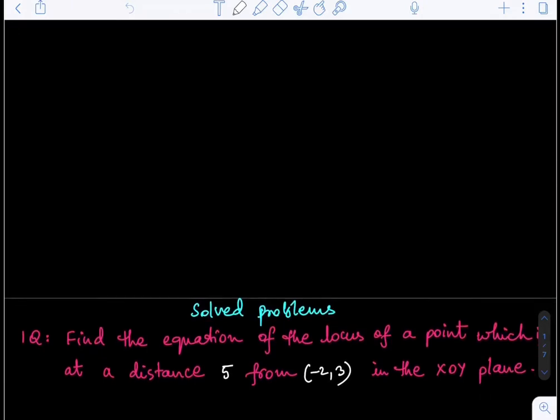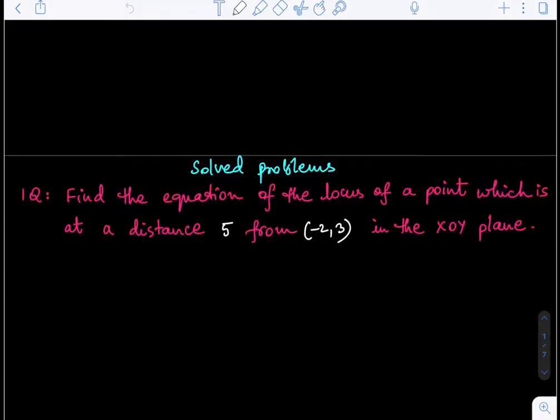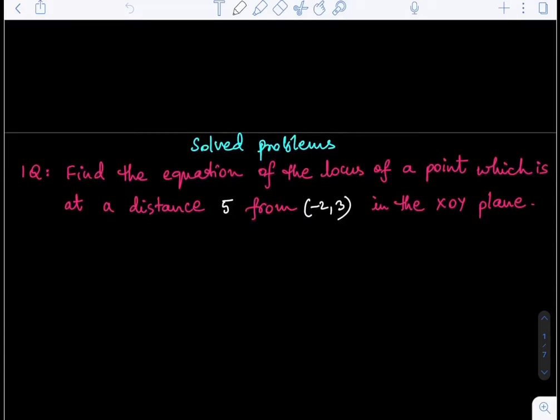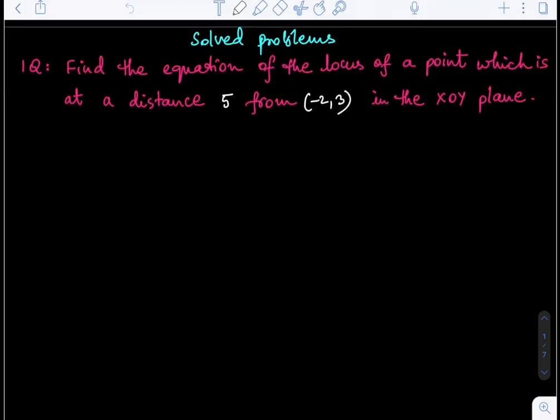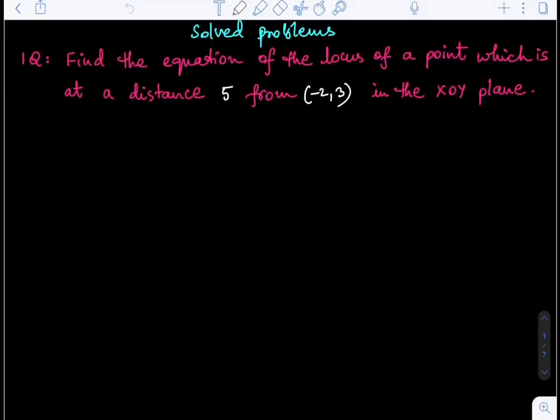Dear students, today we are doing solved problems related to locus. First question is, find the equation of the locus of a point which is at a distance 5 from -2, 3 in the XOY plane.